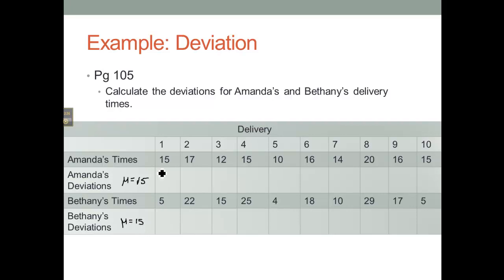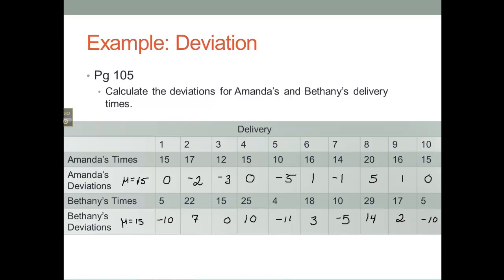All right, so now we're going to take the time subtracted by the mean, sorry, the time minus the mean. That matters because we need to have it right. So we're going to take 15 minus 15, which is 0. This one is -2. This one is -3, 0, -5.